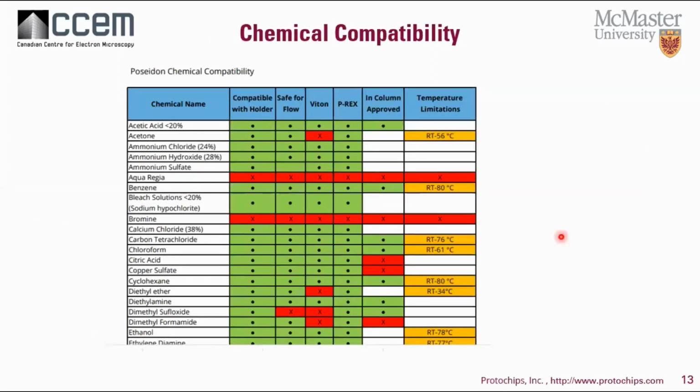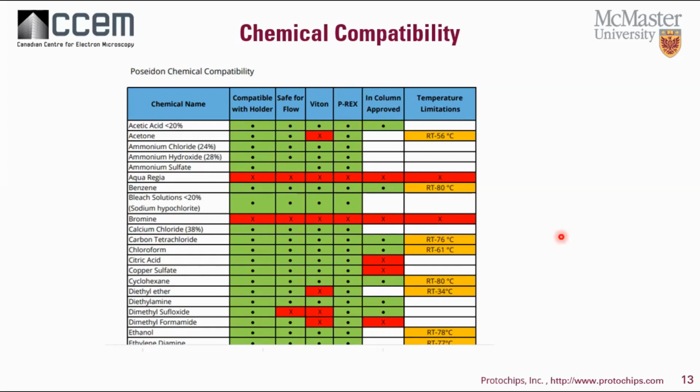What is really important in the case of electrochemistry experiments is to check the chemical compatibility of the holder. Some of the chemicals used for electrochemical reactions are not safe, either for the holder or for the TEM microscope.